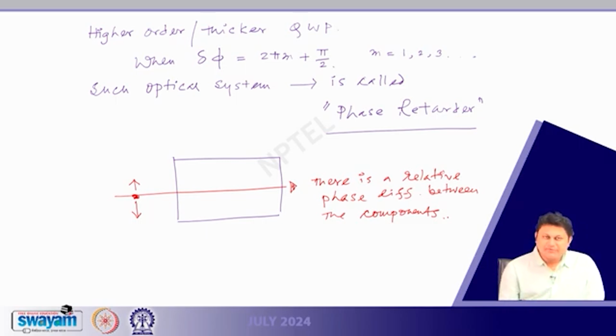Okay, so there will be a relative phase difference between the two, and we know that if there is a relative phase difference, then the state of the polarization is going to change.